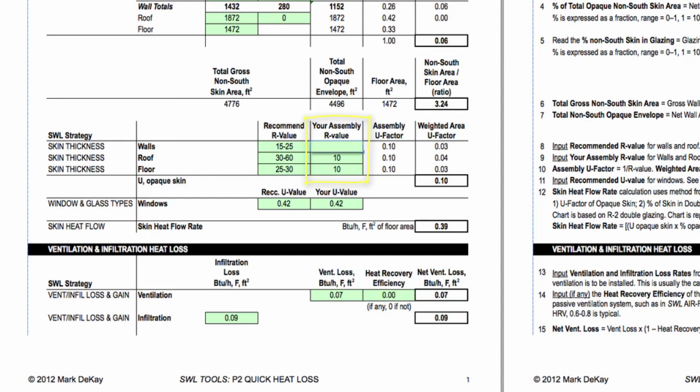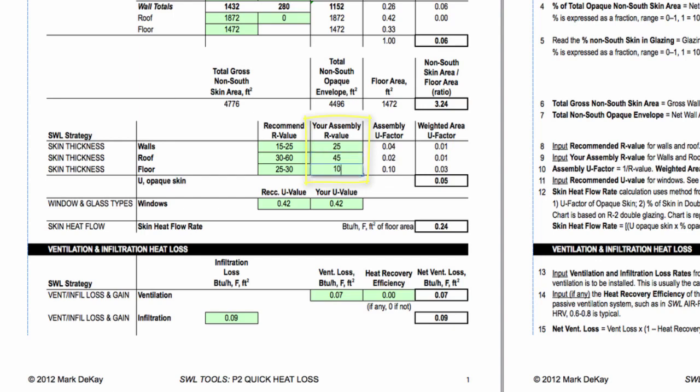For the walls, I'm going to go on the high performance end and say an R25. For the roof, I'm going to go higher than the 30, but not as high as the 60, because I think some of my roofs are going to be sloped roofs without an attic. And if you remember, that range was 22 to 38 with 45 as the high performance. So I'm going to go with a 45 there.